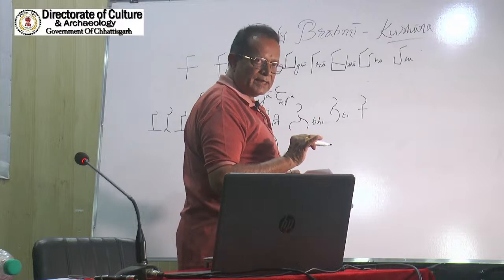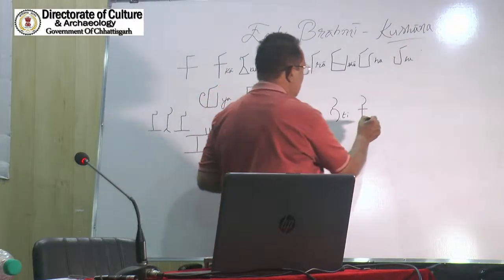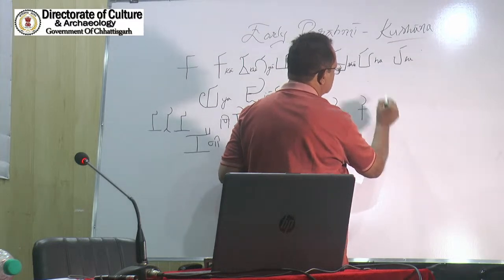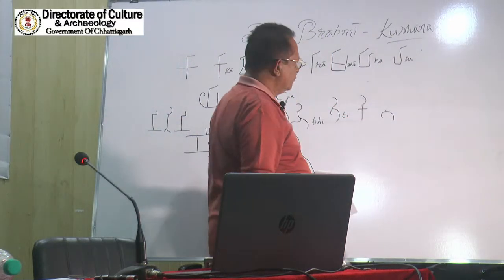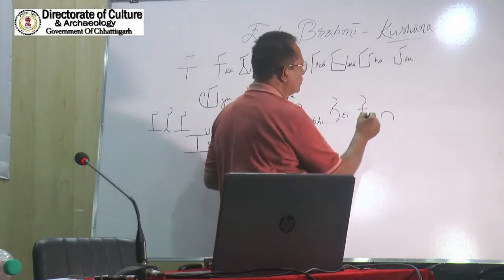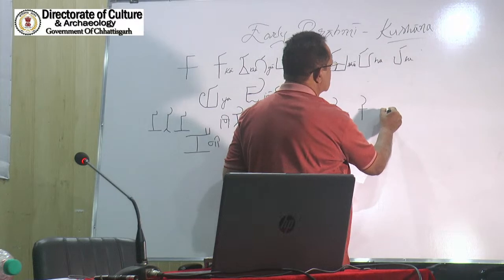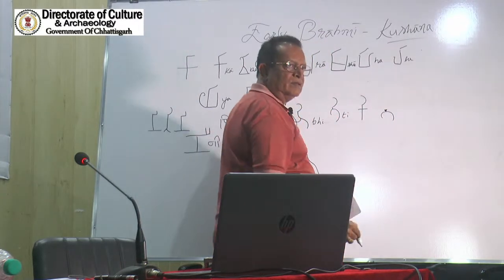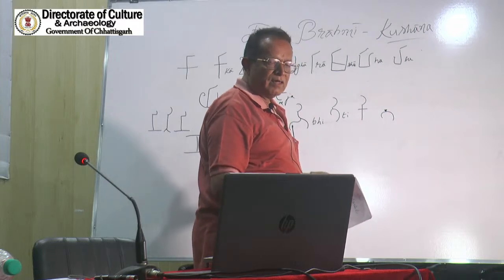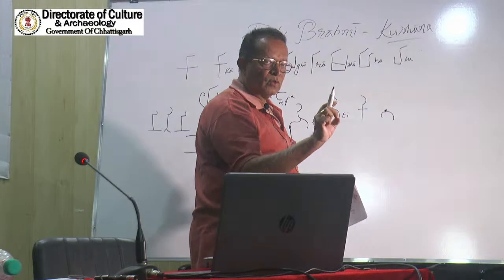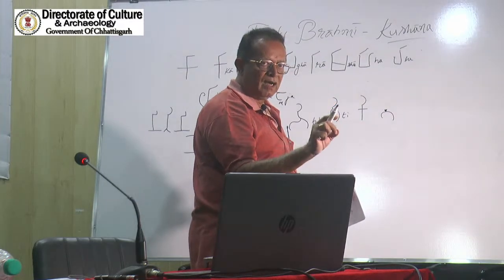The stroke is the same. Only in ta you find a little stroke above. If you remove this, it becomes ga. In the later period also, they just have a small stroke like this. Otherwise, the other part, only the head mark, without head mark, it is ta.